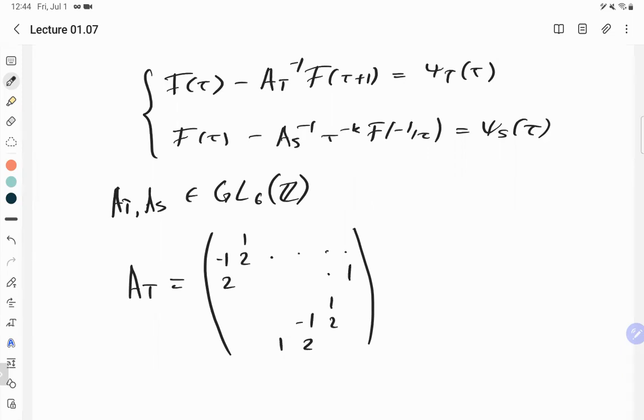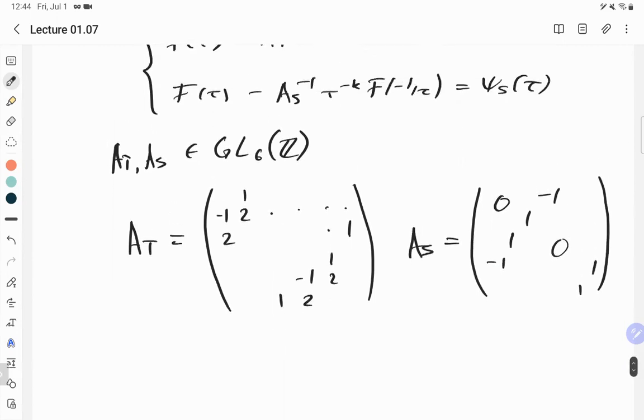Everything that I'm not writing is 0. And hopefully it is 6 by 6. Good. And A_S is even easier. It's just one anti-diagonal. Everything else is 0.